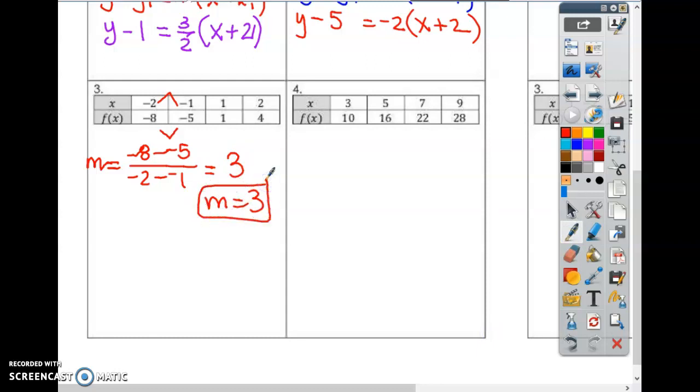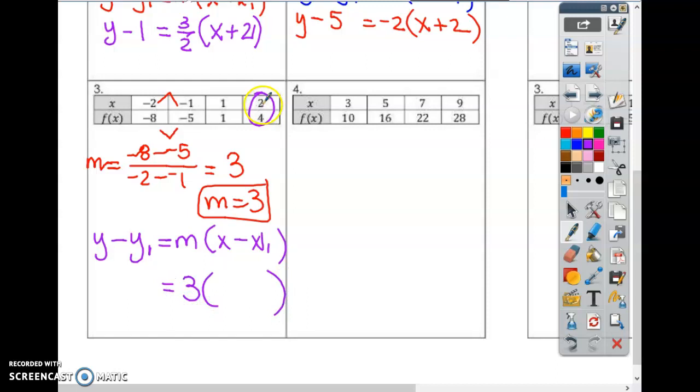Pick a point. Okay, I like to pick easy ones. So 2 and 4, my formula is y minus y1 equals m times x minus x1. My slope is 3, so this is 3.